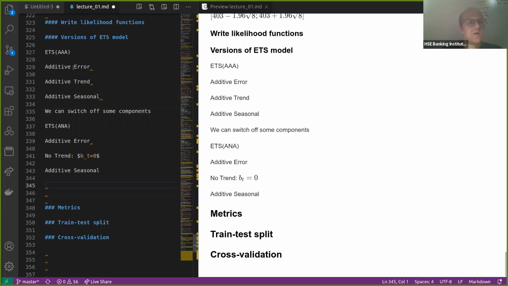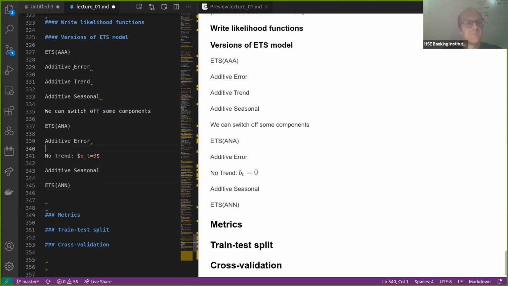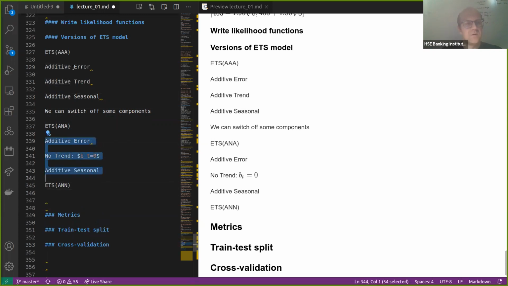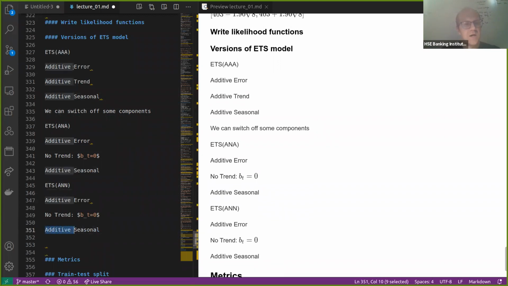For example, I can consider a very, very simple model that was born, I think, 70 years ago, ANN model. It has additive error, no trend, no seasonal effects. That means I replace the corresponding equation just by ST equal to 0. So I can switch off some components in the model.